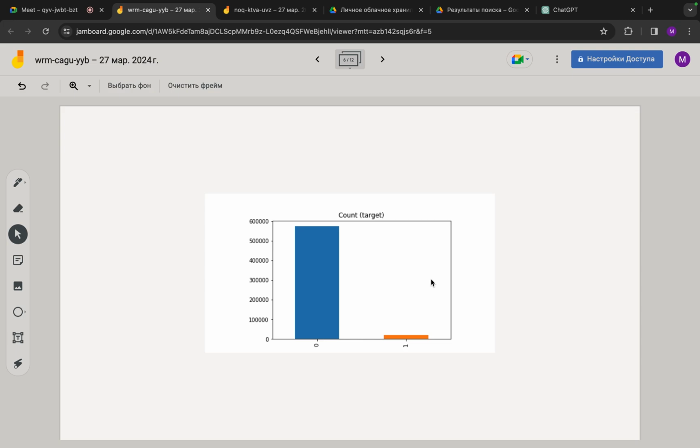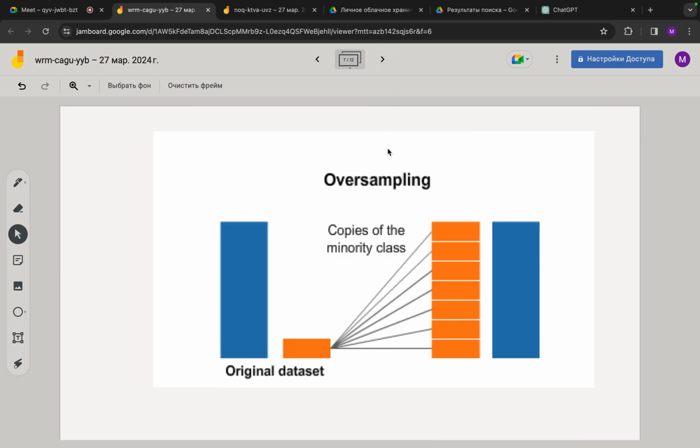There are many methods to handle this. The first one is oversampling. What does it mean? It randomly makes copies of the minority class until the ratio is reached.